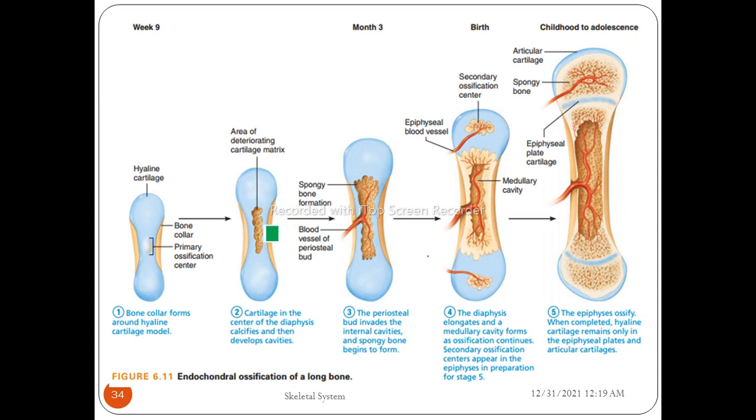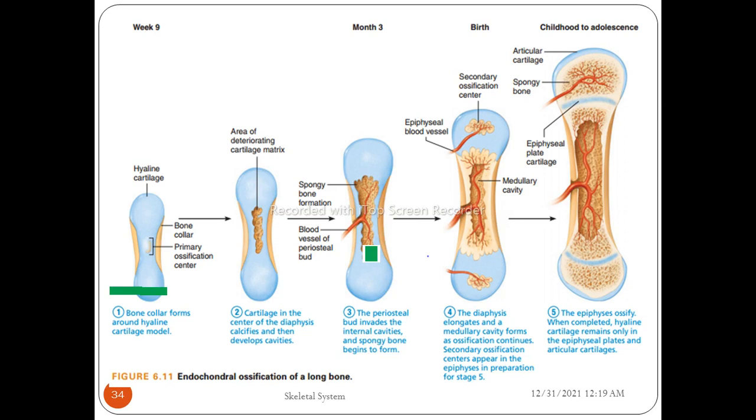So in general, as a revision, bone development is just like this. This is the development of hyaline cartilage or cartilage model. The cartilage in the center of the diaphysis calcifies, then develops cavities. The periosteal bud invades the internal cavities and sponge bone begins to form.